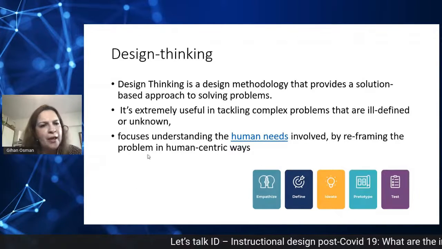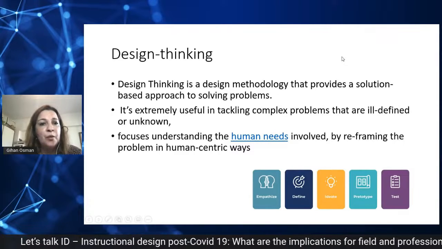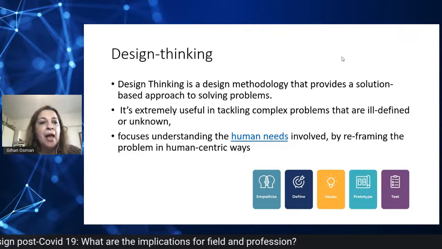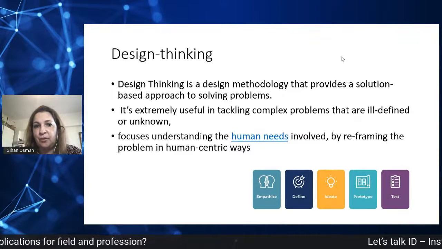There are variations of this model, but the gist of it is focusing on human needs, reframing problems, and thinking of quick and varied solutions.